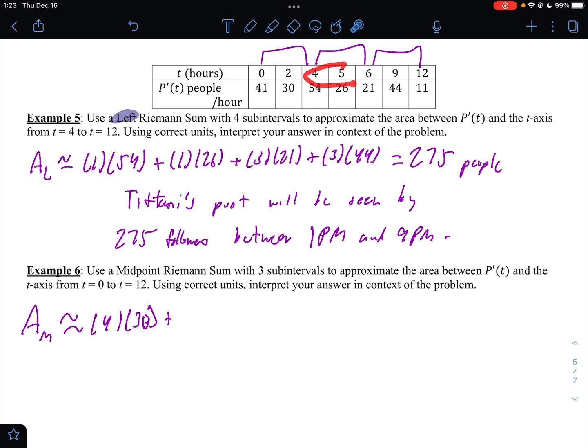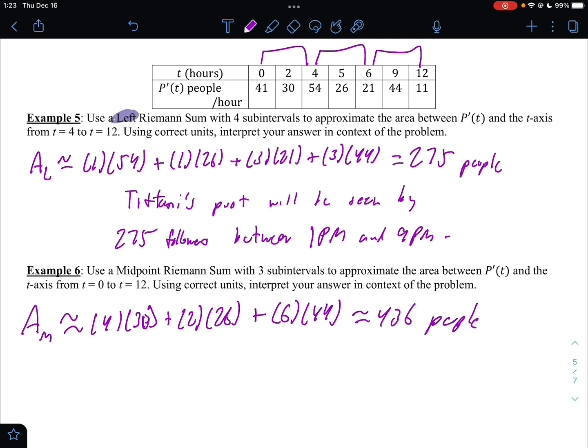The second rectangle has length 2, and the middle height would be 26. And the third rectangle has length 6 and height 44. Adding them up, we should get 436 people.